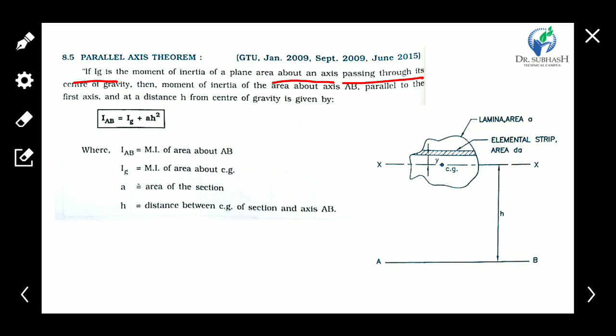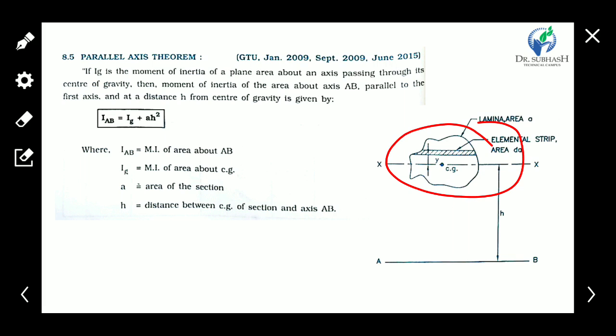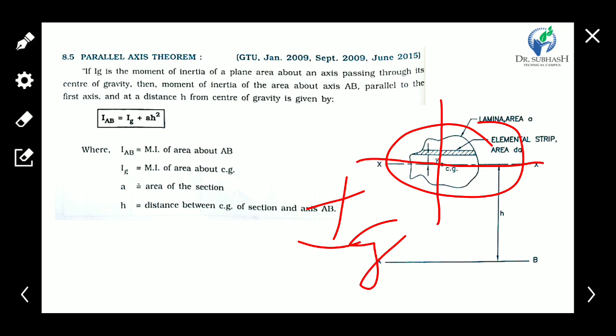That is, the moment of inertia of this body about an axis passing through the CG. It may be the xx axis or the yy axis. Both are defined by Ig if the axis passes through the center of gravity.